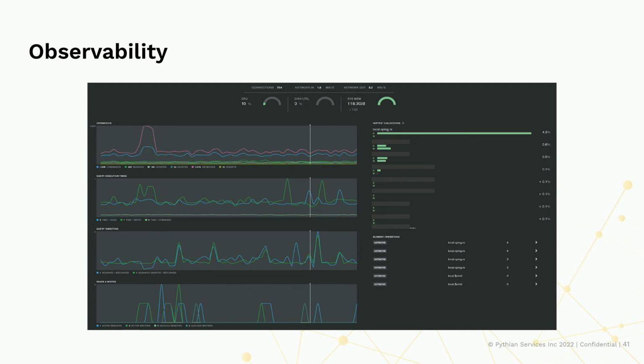Sometimes it's just not easy to see what's going on at the cluster level. It might be easy to see what's going on at a shard level, on a particular primary for that shard, like the total number of inserts, operations, document scans, CPU utilization, memory utilization.